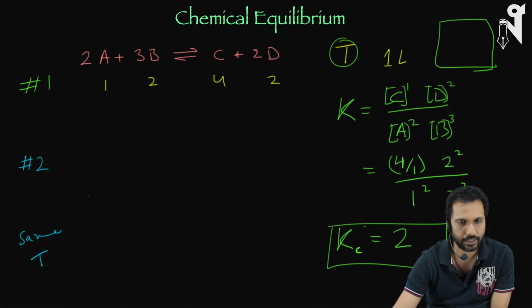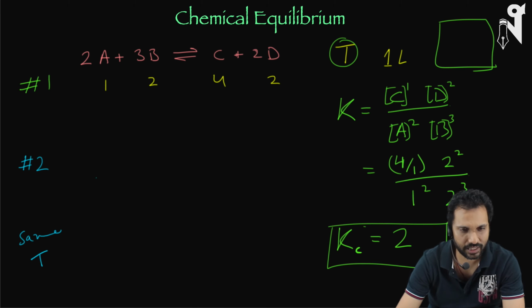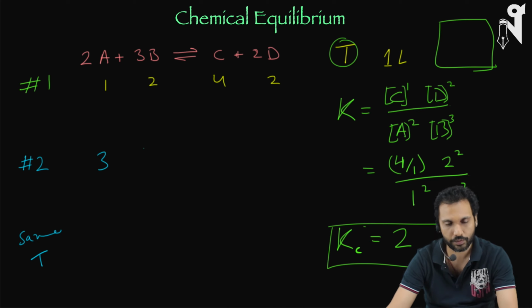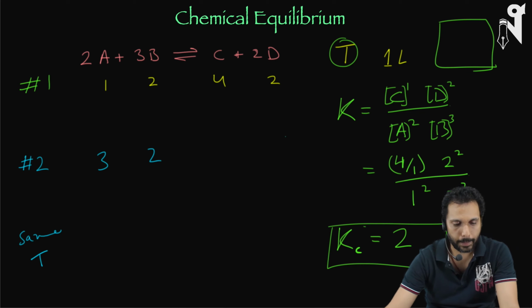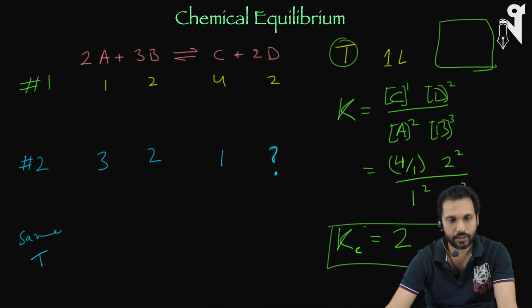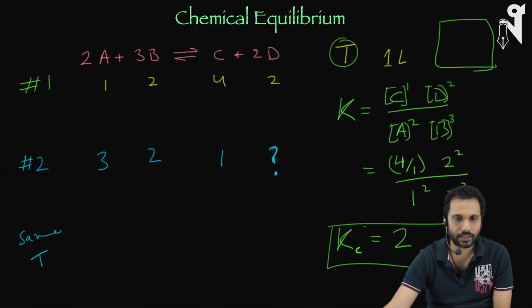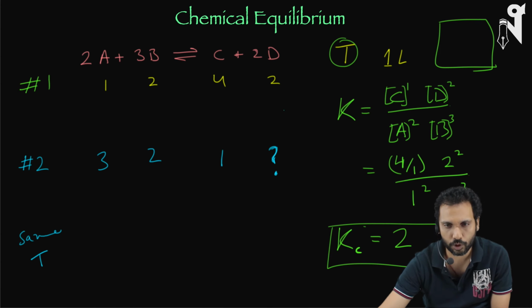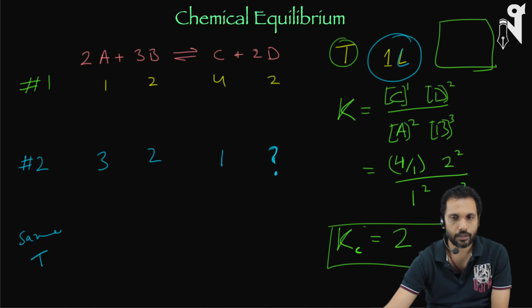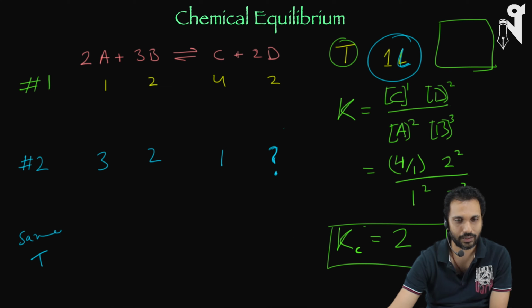For the second guy, he says at equilibrium the amount of molecules are 3 and 2, which eventually is the concentration because the volume of the vessel is 1, and 1, and D is what I am asking you to find. For this guy, what would be the amount of D? He's saying that he's performing the experiment at the same temperature in the same volume, 1 liter vessel. So what would be the value of D?